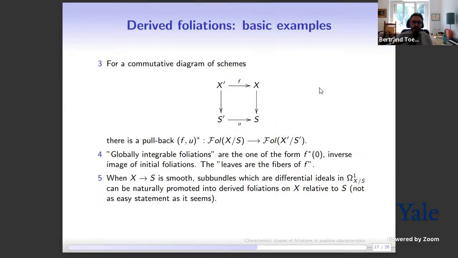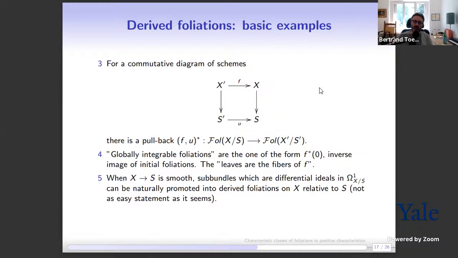And it's not an easy statement. I mean, everything is complicated in these definitions, and in particular, something very simple: you just have a sub-bundle, and you know that it is stable by the de Rham differential. So what you know is that on the quotient bundle, omega-1 divided by the ideal, there is an induced de Rham differential, and you want to say that this induced de Rham differential is an action of H, which I just defined.